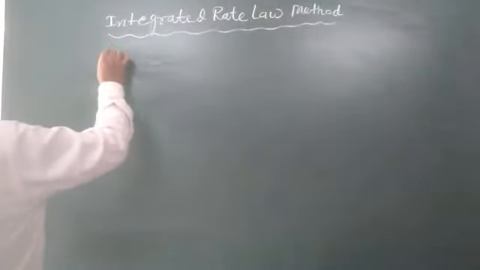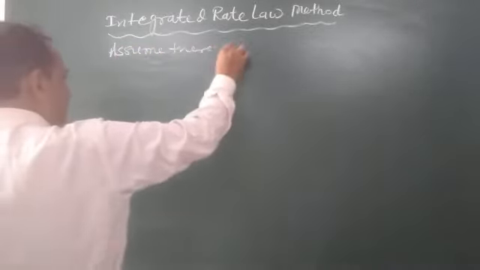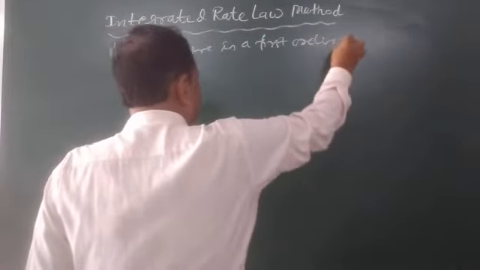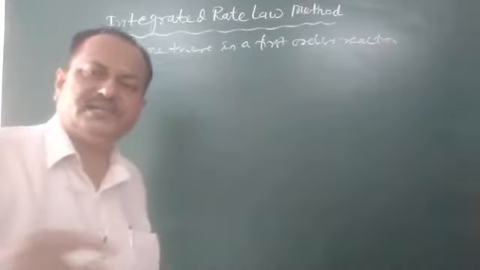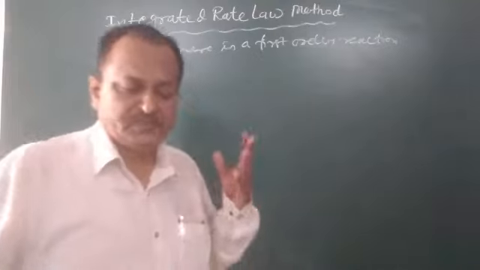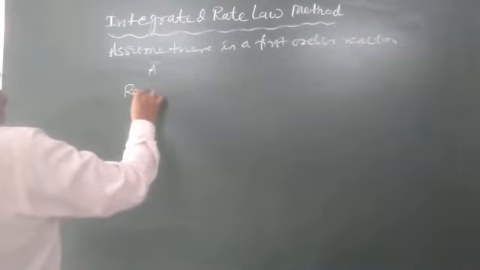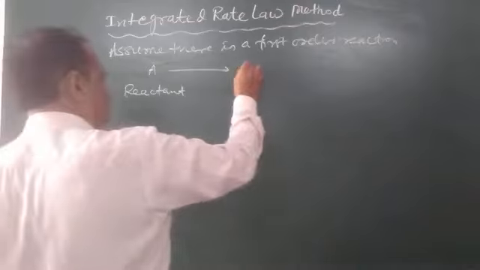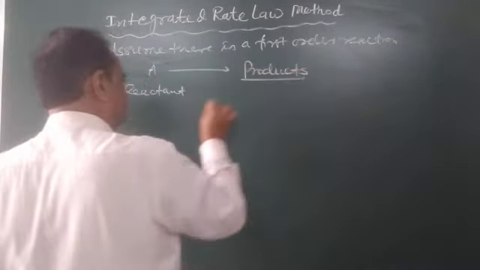So first we'll see here. Assume there is a first order reaction. Actually, it can be for any order, first, second, or third, etc. So there is A. A is the reactant, and A is changing into the products.